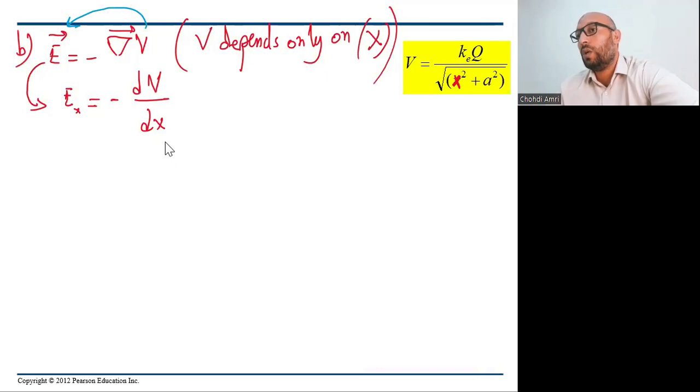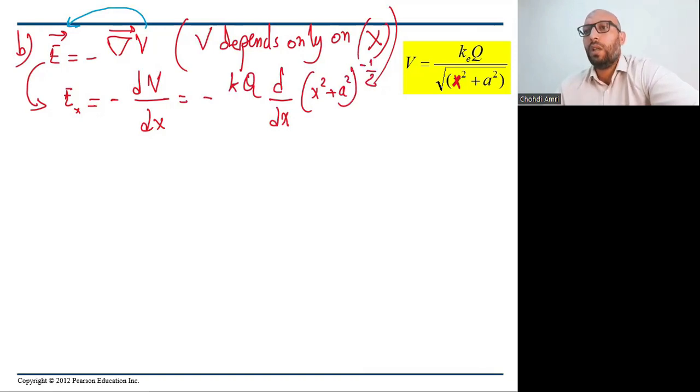Okay, so what are we going to do to get the electric field along x? We will differentiate this equation to get minus kq, which is constant, times d over dx of 1 over square root of x squared plus a squared. So it will be x squared plus a squared, power minus 1 over 2.